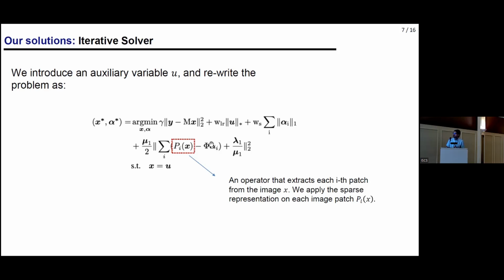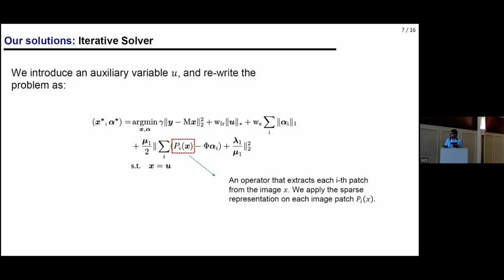Because we are putting it in the ADMM framework, we have an auxiliary variable u, which is supposed to be at the end equal to x as a constraint that we introduce. So we can split the update based on u, x and alpha.